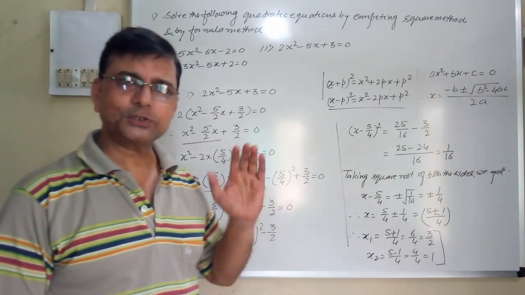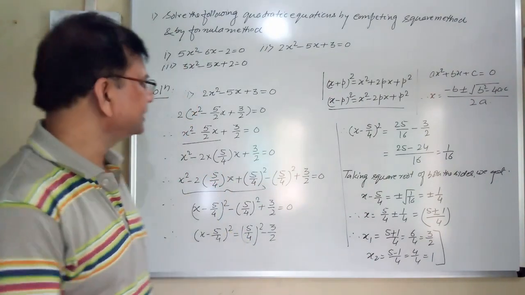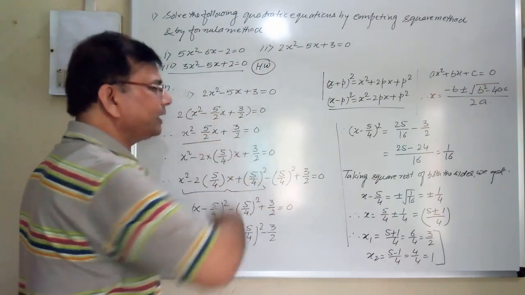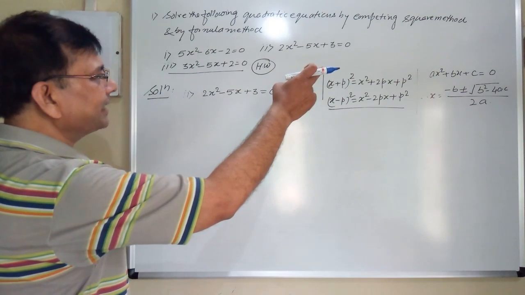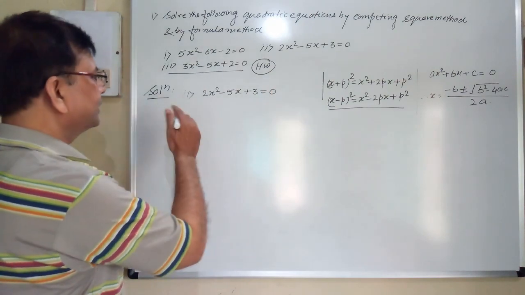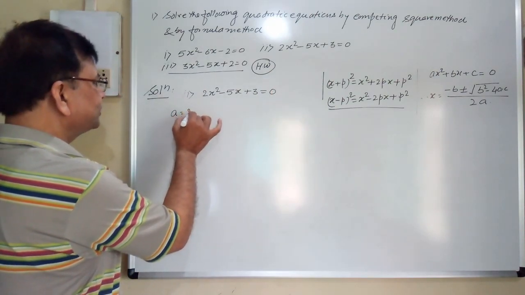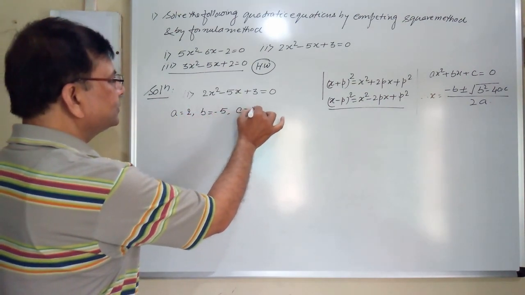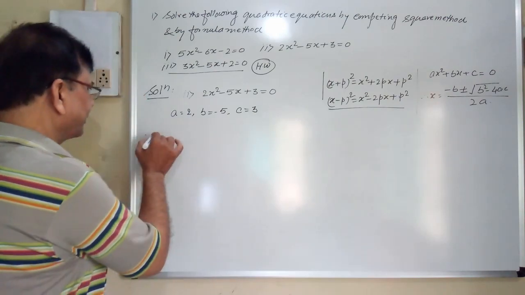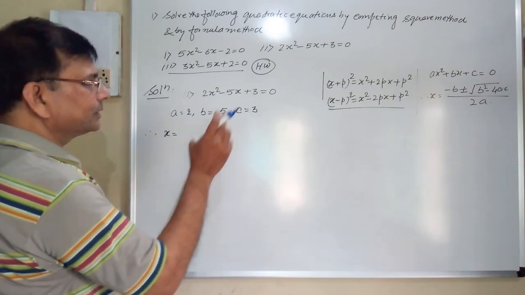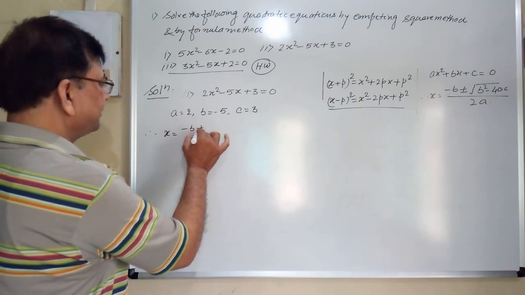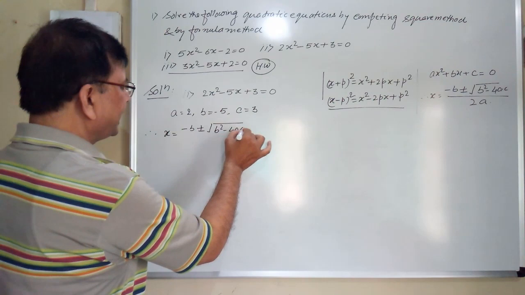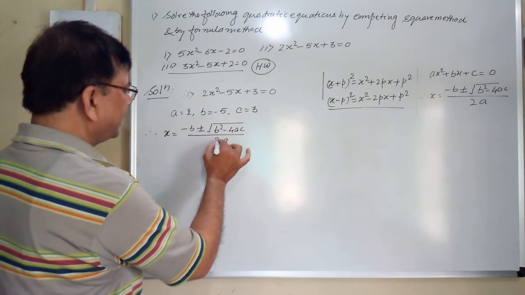So the same problem I will solve by the formula method, and the third problem is for homework, you will be doing it on your own. Compare with the standard equation. What is A? A is equal to 2, B is equal to minus 5 and C is equal to 3. Therefore x is equal to minus b plus minus under root b square minus 4ac upon 2a.